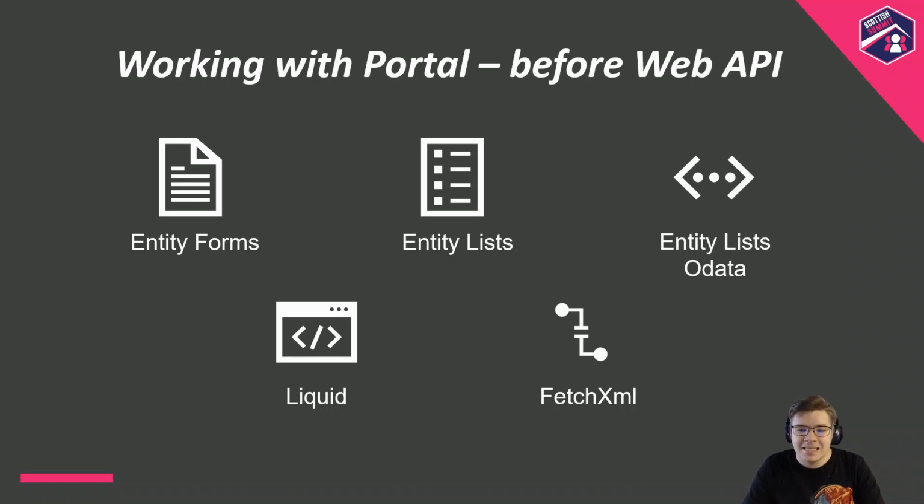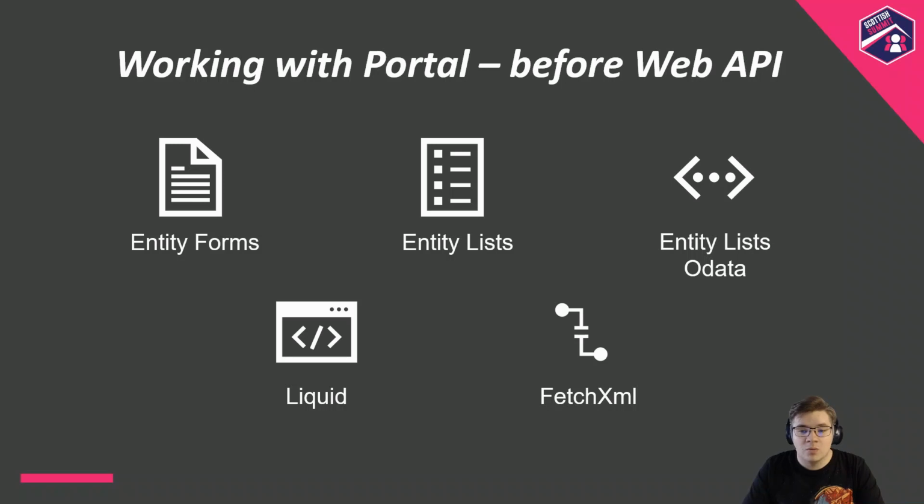Next thing is an extension of entity list, and it's called OData feed. Basically, it allows you to create a read-only endpoint, meaning a URL, that you can call and get the data about some entity. So, for example, you configure your entity list for product, and then you check the box for OData feed, and you will have a URL that you can call that will return you the list of products.